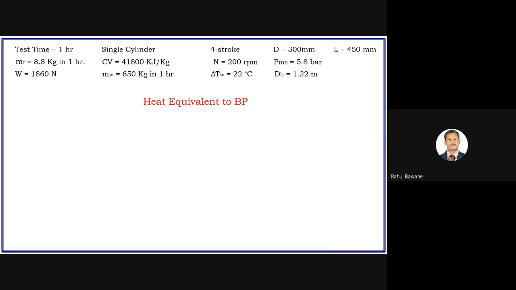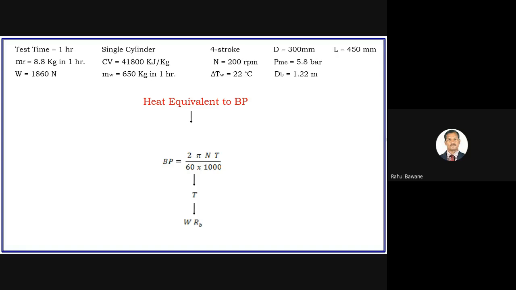Second part, heat utilization. So heat utilized in converting to brake power, that is, heat equivalent to brake power. Brake power has a single formula, that is 2 pi NT. N is given as 200 rpm. Now the question is about torque. To calculate torque, we require a brake load and offset distance. Brake load is given, that is 1860, and offset distance is the radius of the brake drum.